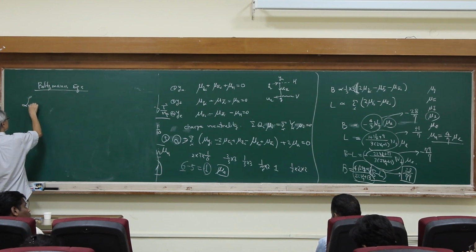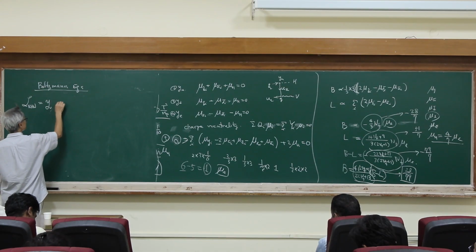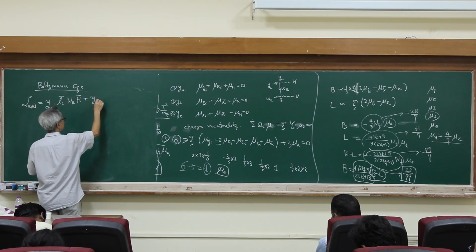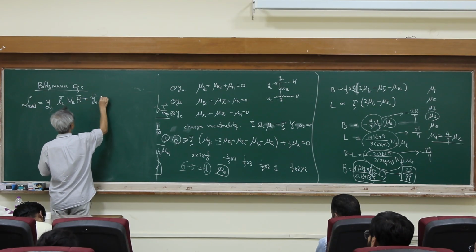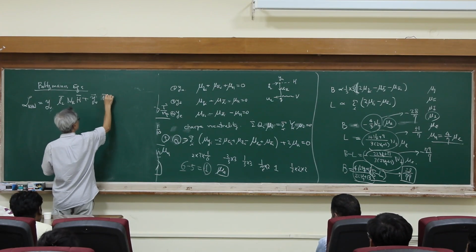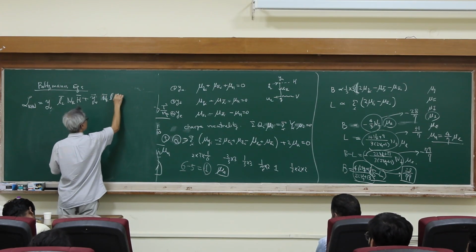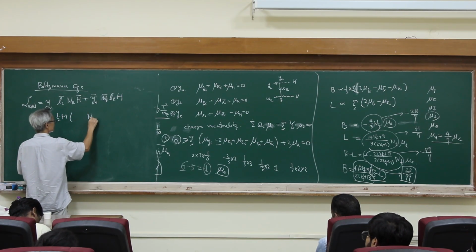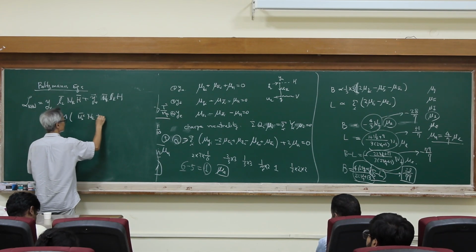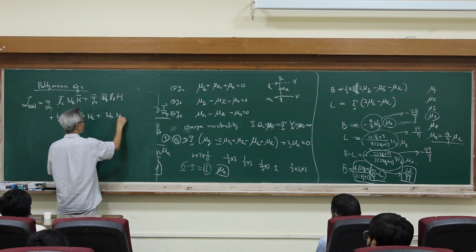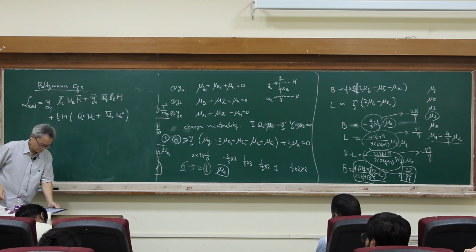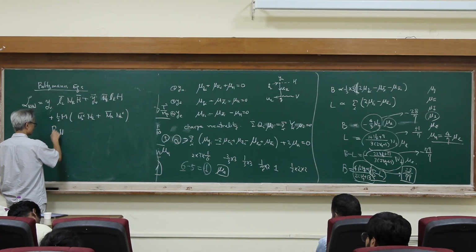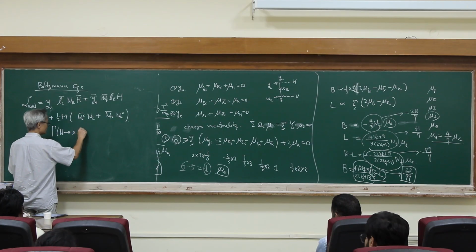Okay, so we have this Lagrangian, and the right-handed neutrino decays to LH.